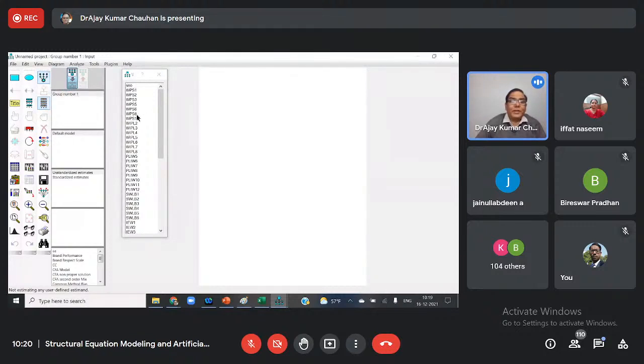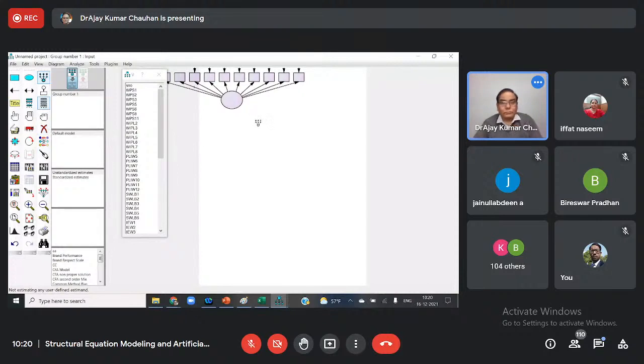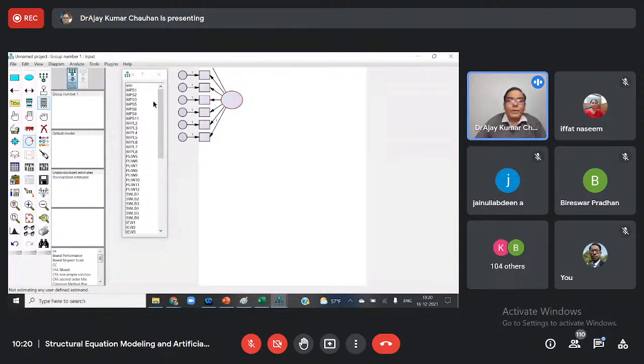In the first case, we are having 1, 2, 3, 4, 5, 6, 7, 8 constructs. Let me make 7 in each, or let me put 8, and rotate it.